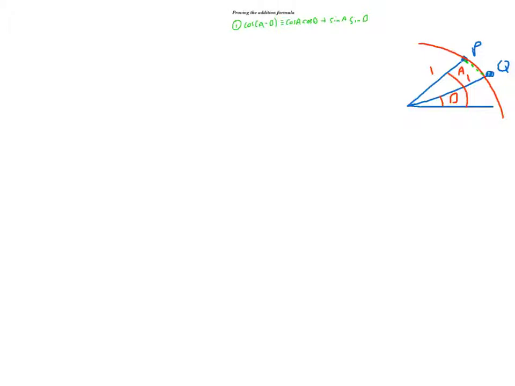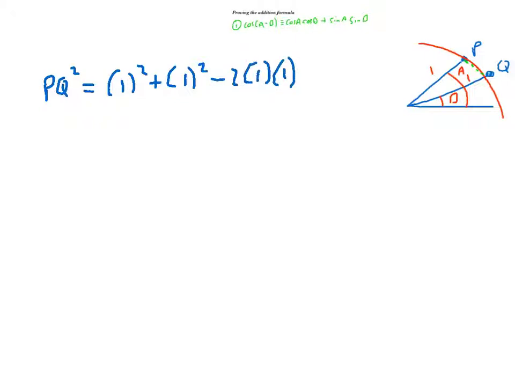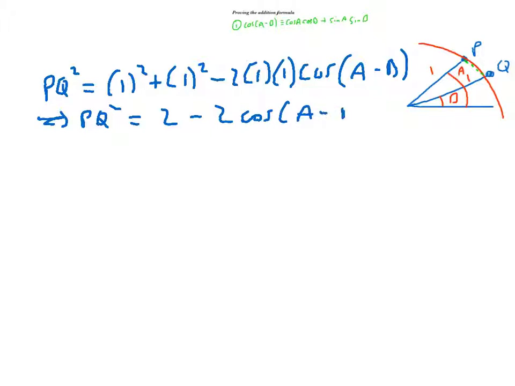From the cosine rule, PQ squared equals 1 squared plus 1 squared minus 2 times 1 times cos, and this angle is the one we're talking about, so A minus B.